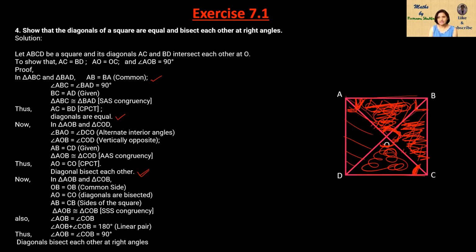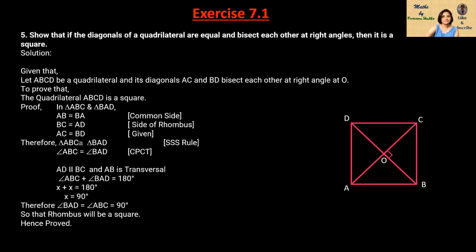And if we consider AC as a straight line, then angle AOB plus angle BOC equals 180 degrees, but these two are equal, so AOB equals COB equals 90 degrees. So that means diagonals bisect each other at right angles. So all these conditions are fulfilled.